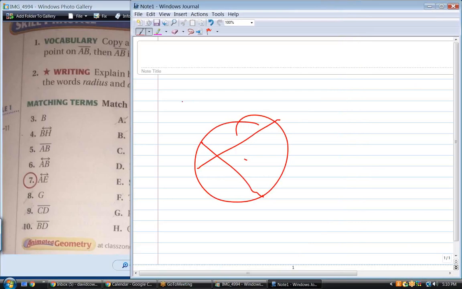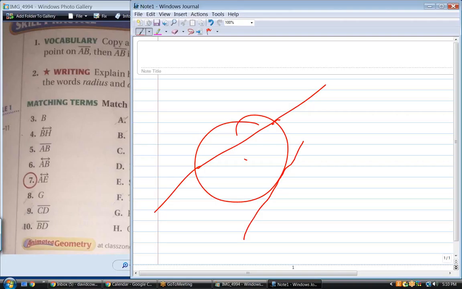So, in other words, it's the same thing as if I did this. That's still a chord. Cuts the circle in 2 points, as opposed to a tangent line, which just touches the circle at 1 point and 1 point only.